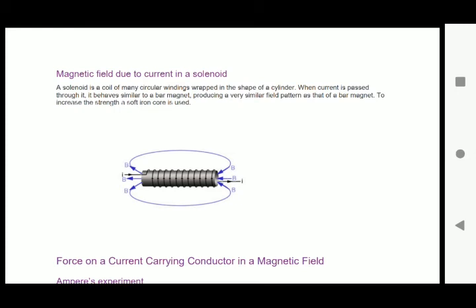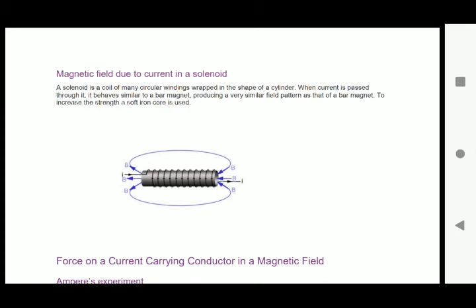That is, if you want a long coil of copper wire over any material like soft iron, it is called a solenoid. When an electric current is passed through the solenoid, it produces a magnetic field around it, as shown in the figure.